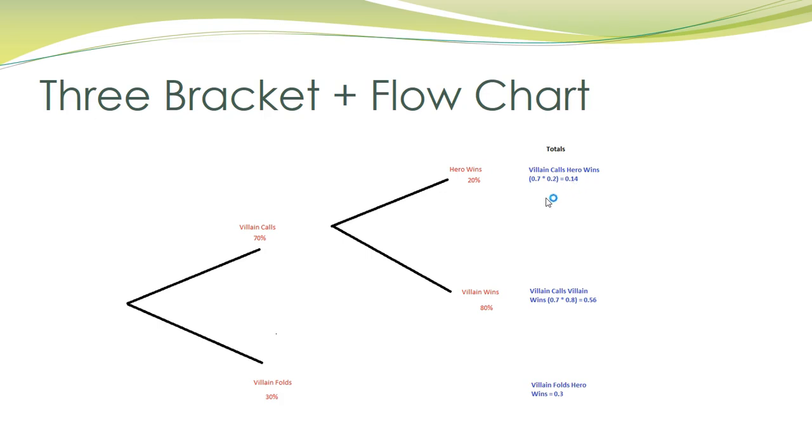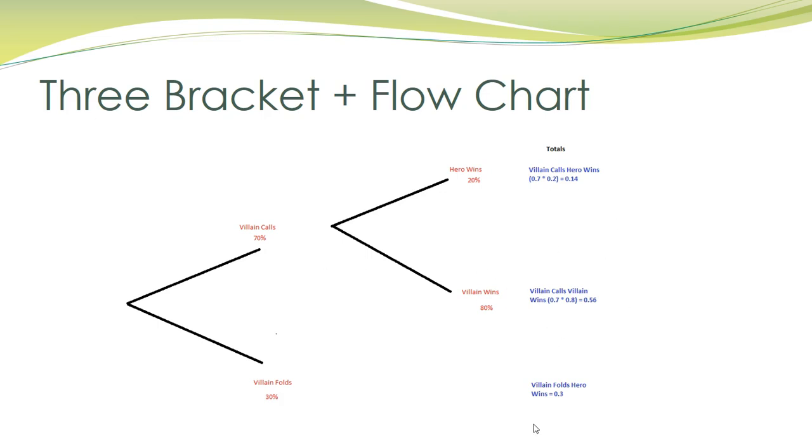So 14% of the overall time villain calls and we win. We'll now do the same thing for the outcome where villain calls and his equity share holds up and he wins the pot. So villain calls, that's 0.7 frequency, and villain wins 0.8 frequency. So we do 0.7 multiplied by 0.8. So 56% of the overall time villain calls and villain wins.